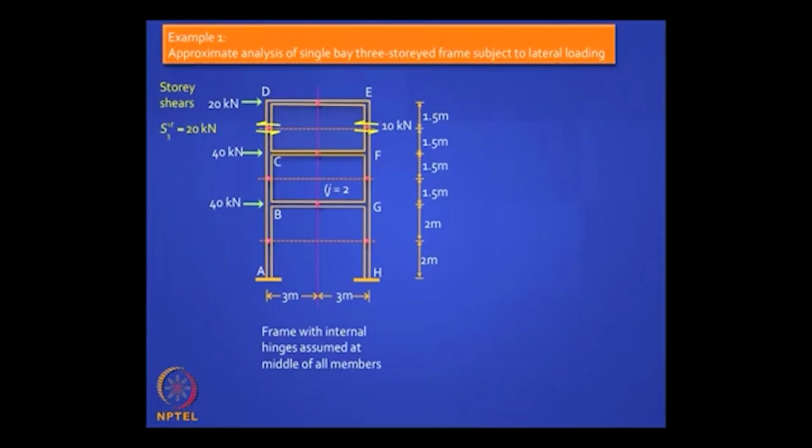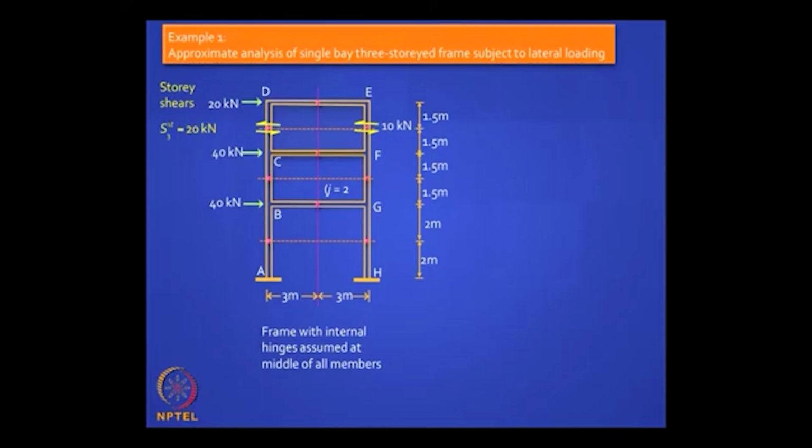But to draw the bending moment diagram, you look at the story shear. Okay, the story shear you can do like that. I told you in the last class, you cut a section at mid height of the top story, you will find that that 20 kilonewton has to be shared equally by the 2 columns, you get 10 10. Is it clear?